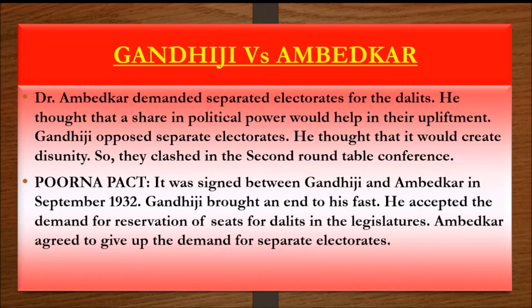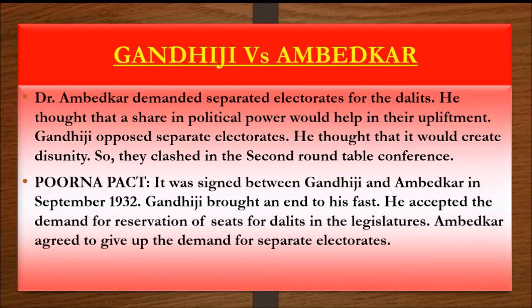One such incident was the second round table conference, held from September 7th to December 1st, 1931, where Dr. B.R. Ambedkar's demand of separate electorates for Dalits clashed with Mahatma Gandhi's philosophy. So here Mahatma Gandhi's philosophy and Ambedkar's demands for separate electorates both started clashing.